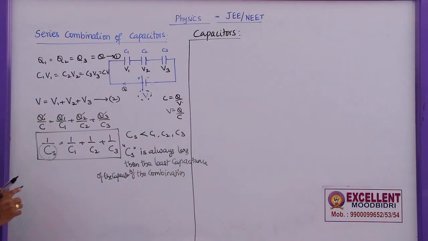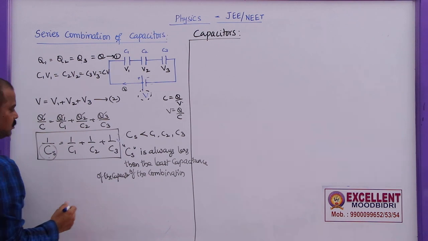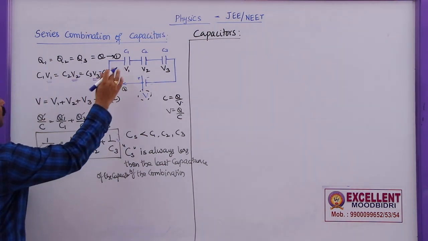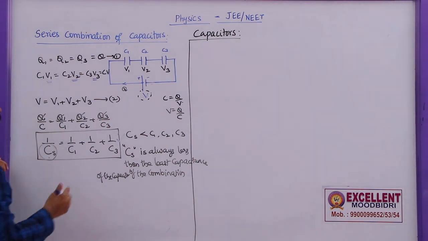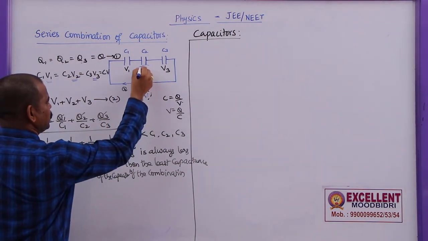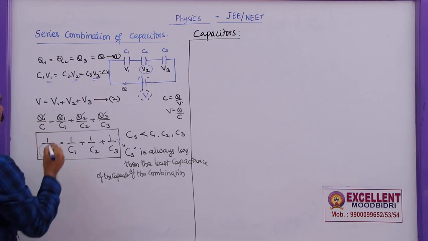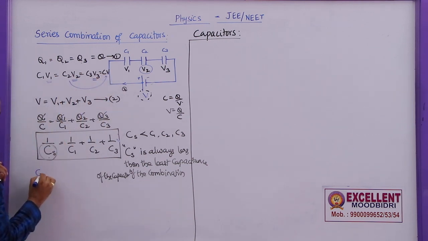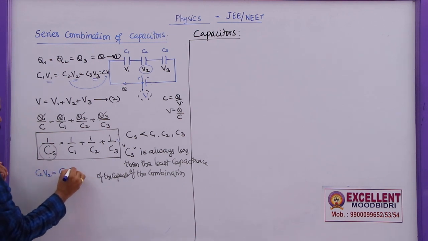Now, in general, in competitive exams, they may ask you to find out the effective capacitance, or they may ask you to find out the potential difference across any one of the capacitors. So, in this problem, let us say they ask you to find out V2. How to find V2? You see this equation, C2 V2 is equal to CV.